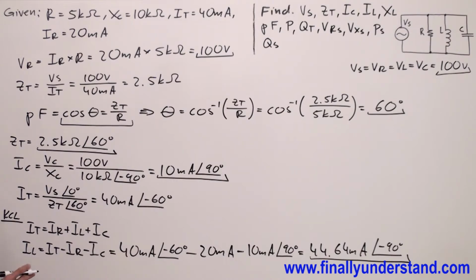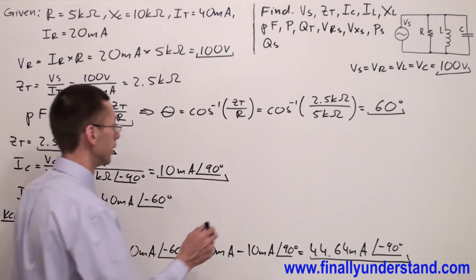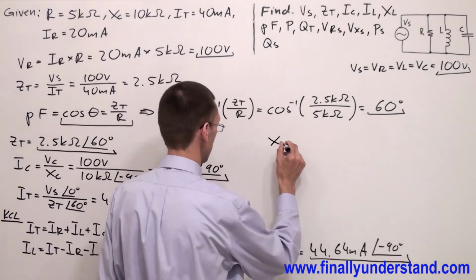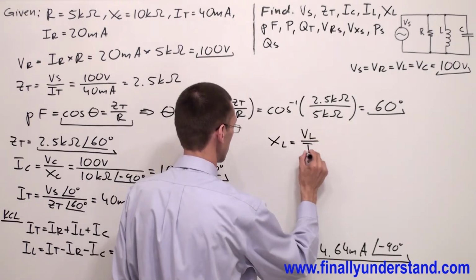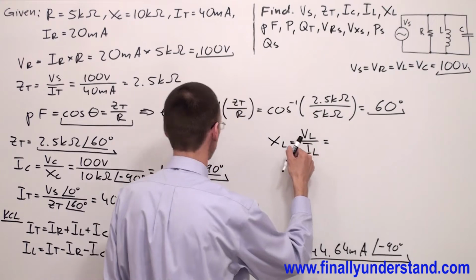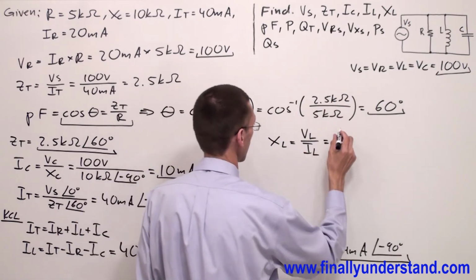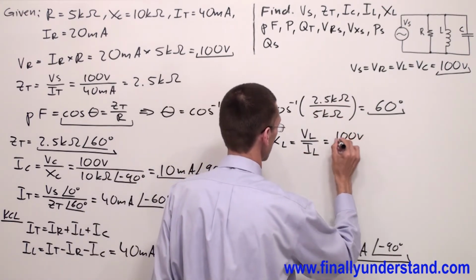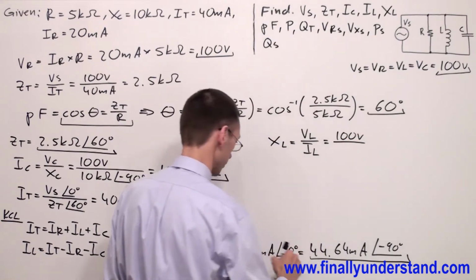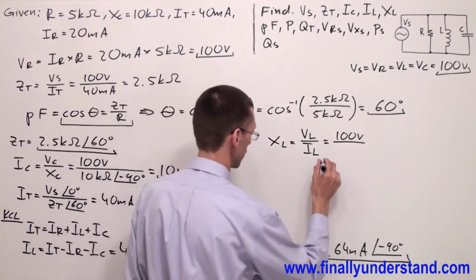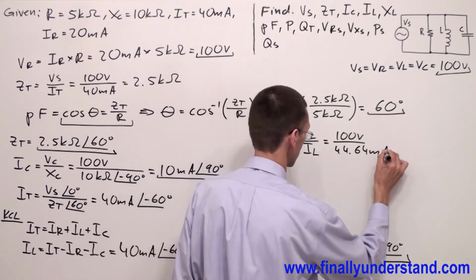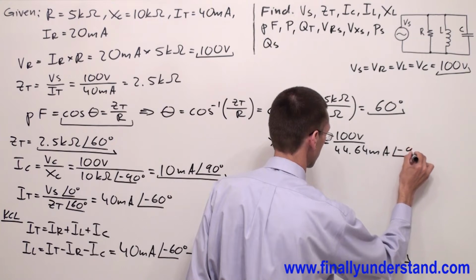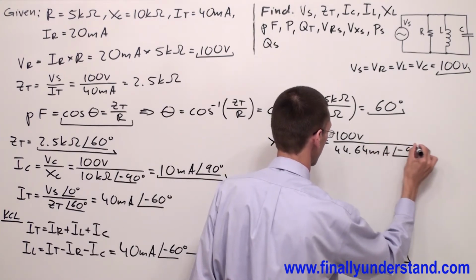So next we're supposed to find X of L. I'm going to find this over here. X of L is equal to VL over IL, where VL we said is equal to 100 volts, over the IL we just found, which is equal to 44.64 milliamps, an angle of negative 90 degrees.